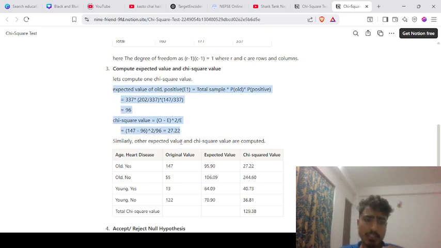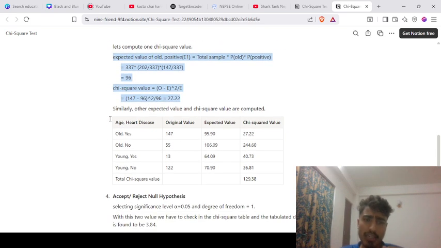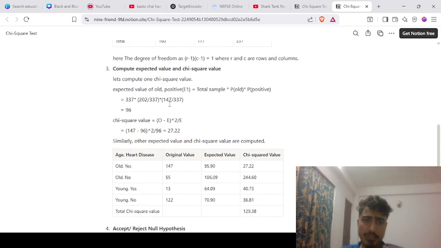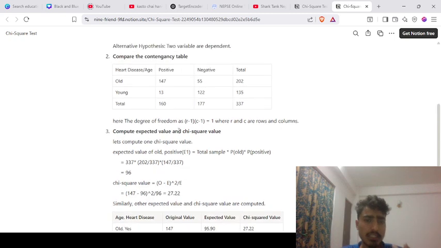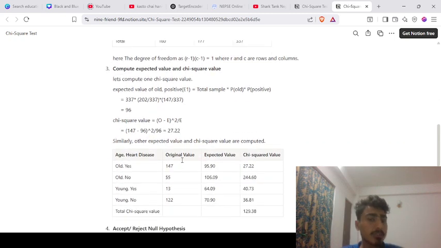And following these same procedures, we have computed and tabulated in here, world and s. Here you can see s denotes the positivity and world is age 1. And the original value, I mean original frequency, that means the observed frequency.